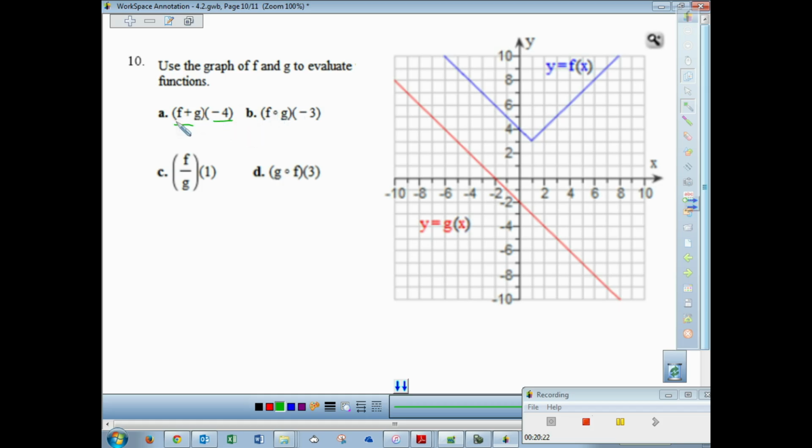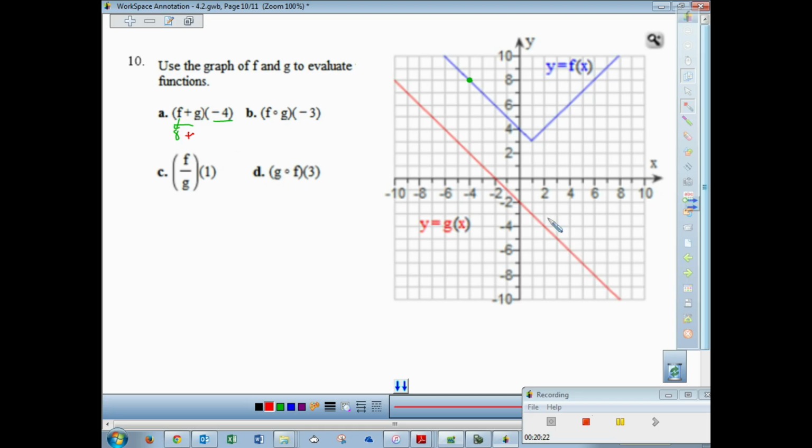What that means is, use the blue function. Go to -4 on the x-axis, right here, and you put yourself a cool little dot there. Do you know what y turns out to be at that point? y is 8. Plus g of -4.